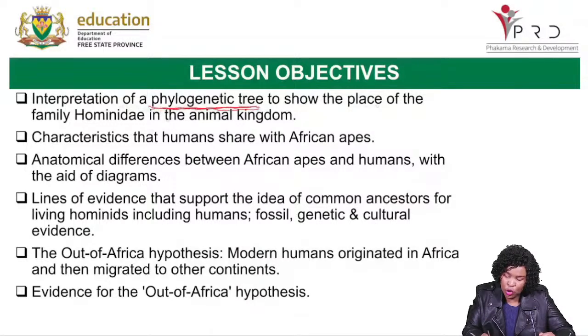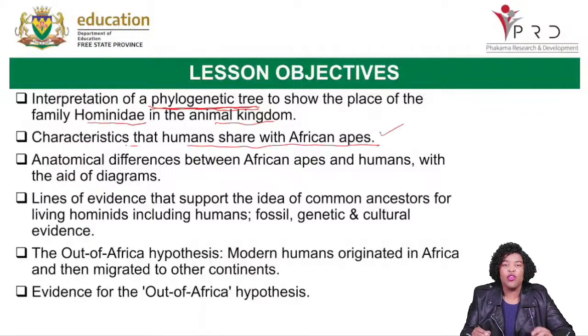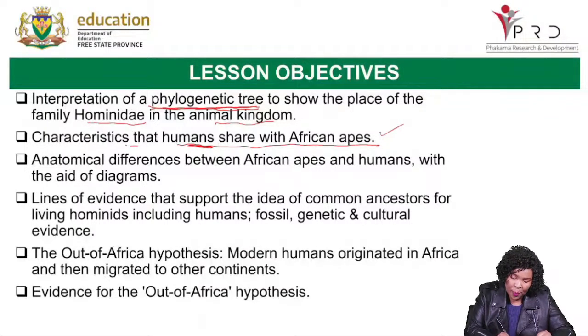Then you must be able to show the place of the family Hominidae in the animal kingdom. Then you must also know the characteristics that humans share with African apes. Now, this is an exam question. You cannot enter the exam not knowing those characteristics. And then also the anatomical differences between the African apes and the humans.